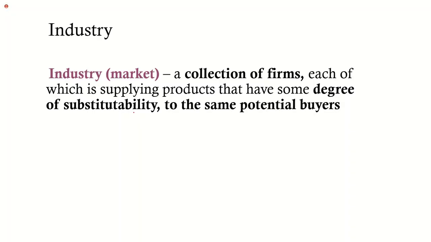So it will be very, very similar. Textile producers are the same. So these products are substitutable and they all sell similar products. The collection of firms which sell similar products which are substitutable.